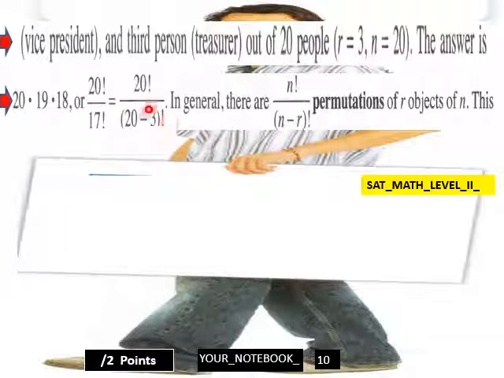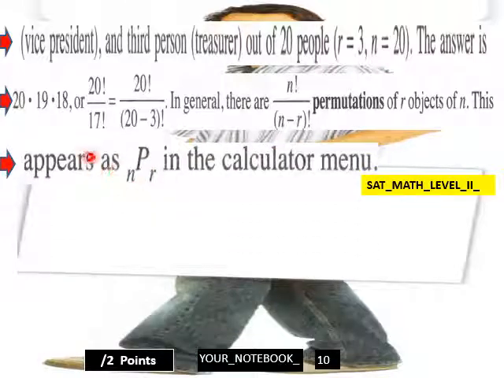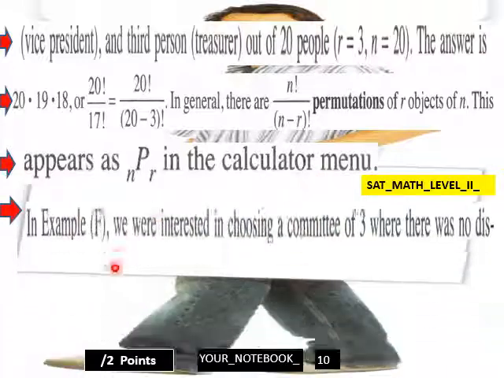This is your formula for finding that: 20 factorial over 20 minus 3 factorial. In general, there are n factorial over n minus r factorial permutations of r objects out of n. This appears as nPr in the calculator menu.